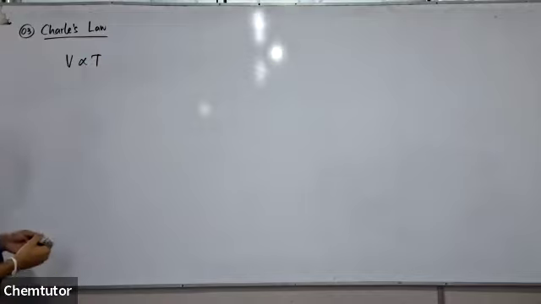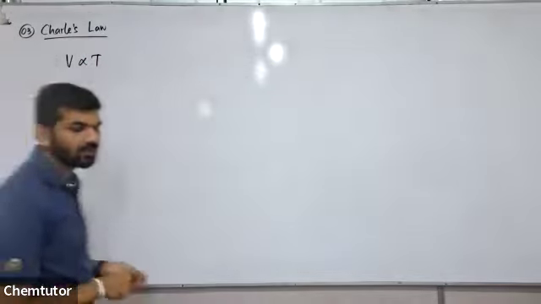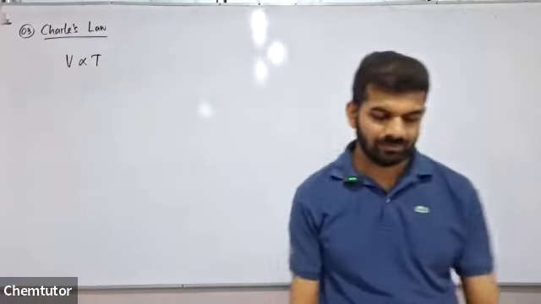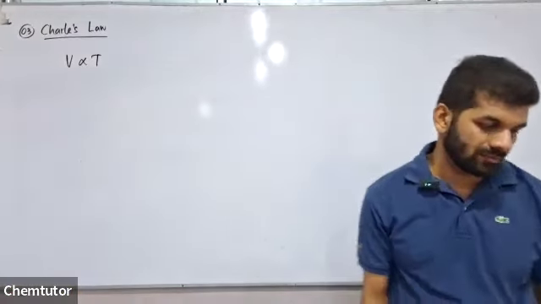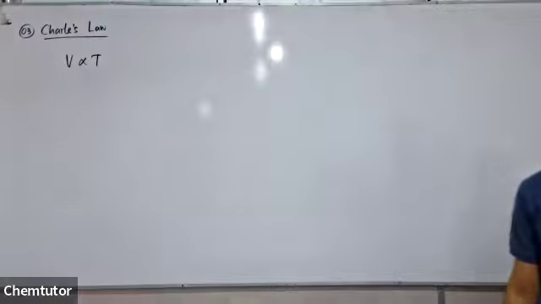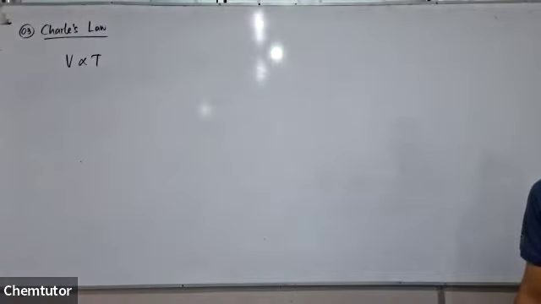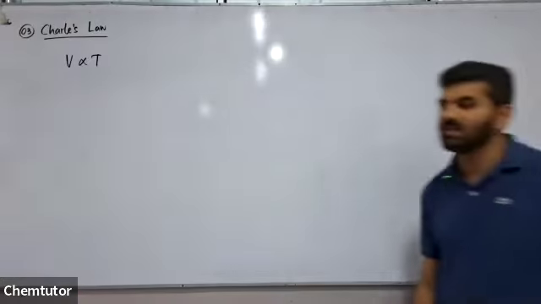Accordingly, also we can say that the volume is proportional to absolute temperature. We can write it: the volume is proportional to absolute temperature. Then we can put a constant.